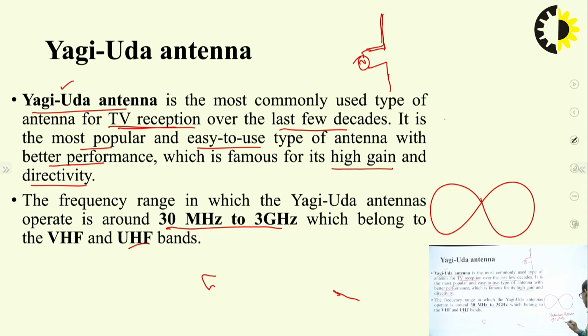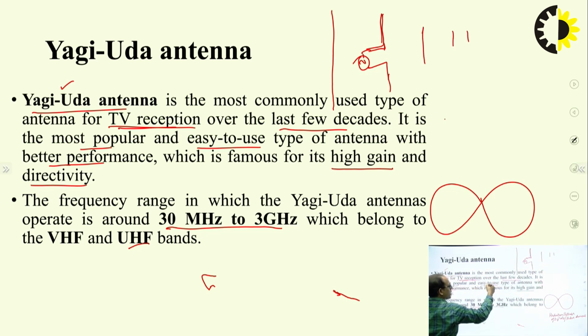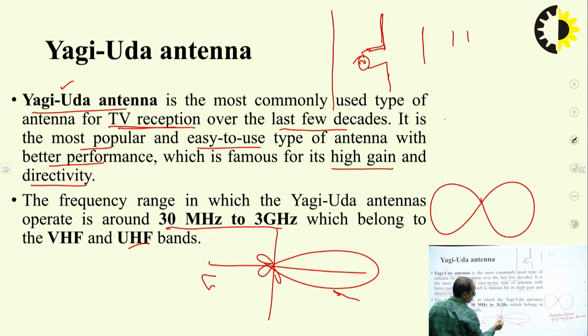Now, when reflectors and directors are placed behind and in front of this driven element, like this one, the radiation pattern of the whole antenna ideally comes out in the forward direction, and there will also be some back lobes, if I say that is a practical condition. Clear?